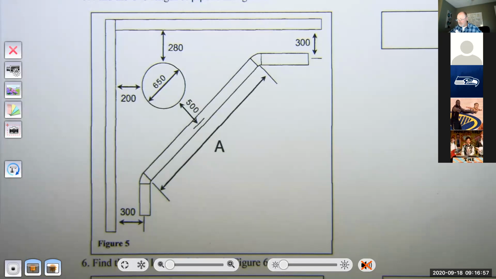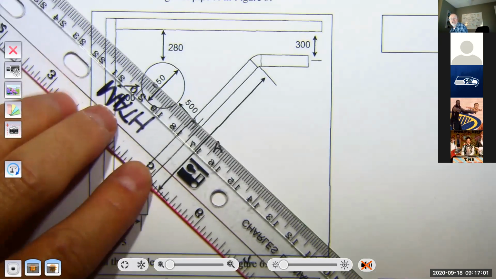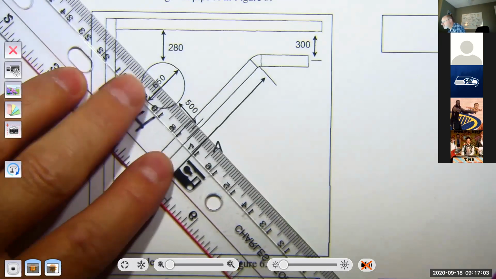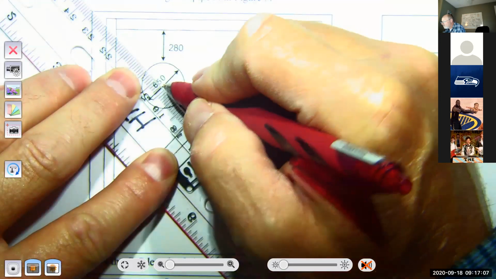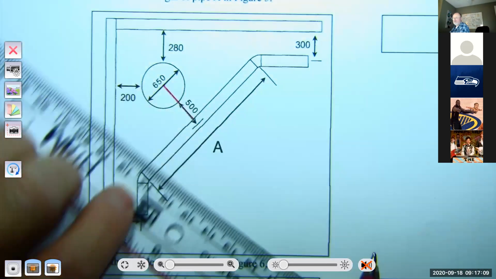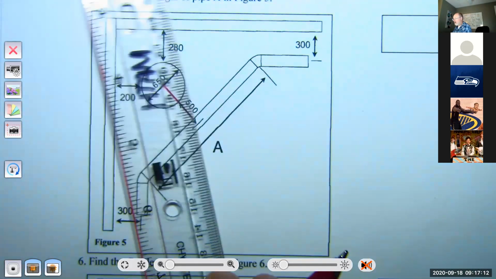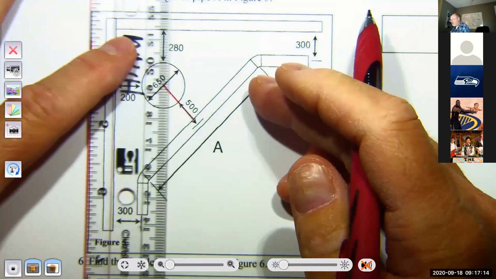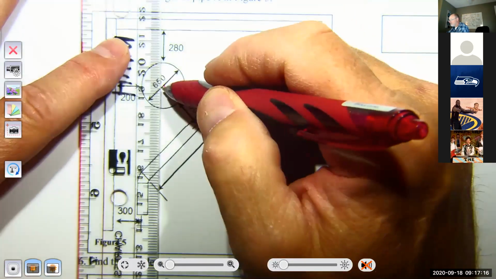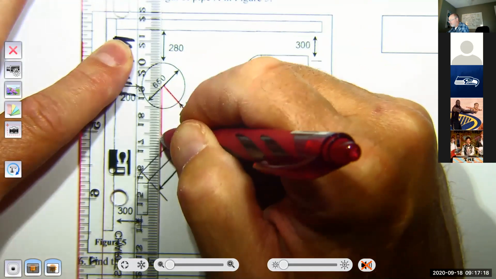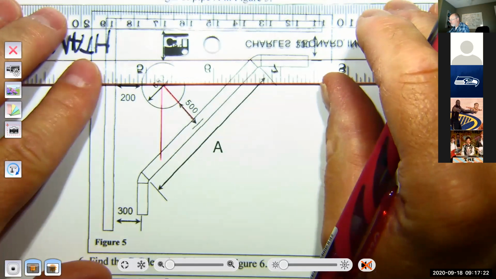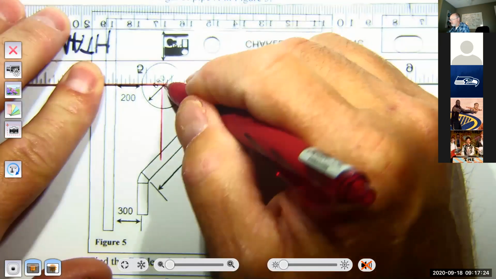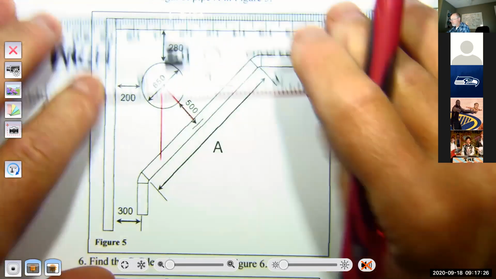So the first thing I do is I start from the center of my circle. And then I will draw a line parallel to the outside wall to the center line of the pipe. And again, parallel to the outside wall to the center of the pipe.